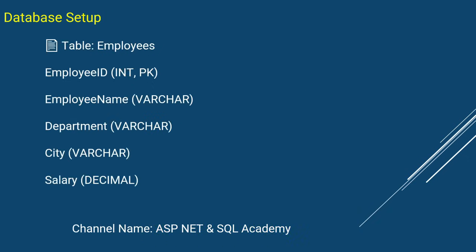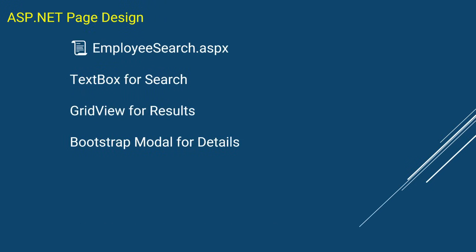Let us start with the SQL table structure for storing employee data. In the front end, we will use a search box for real-time search and a modal to display employee details.